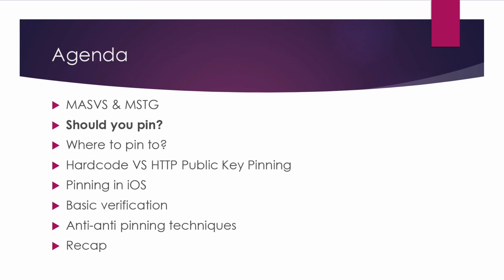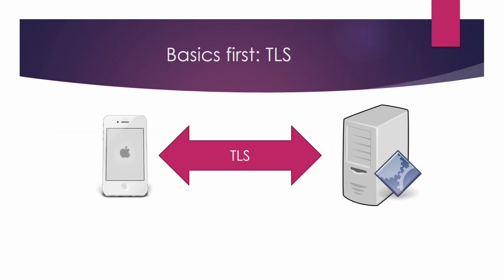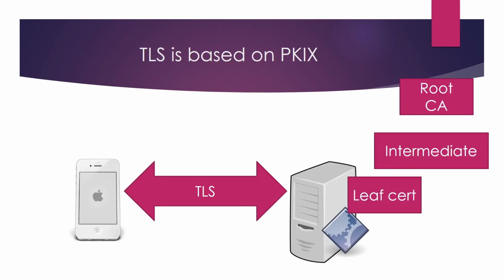Okay? Should you pin? It starts with the basics. Who of you is familiar with HTTPS, TLS, SSL, all that jazz? Who of you isn't? Okay, just a few. So let's quickly describe it. With TLS, the most important thing is that you basically start a handshake with a bunch of public keys.